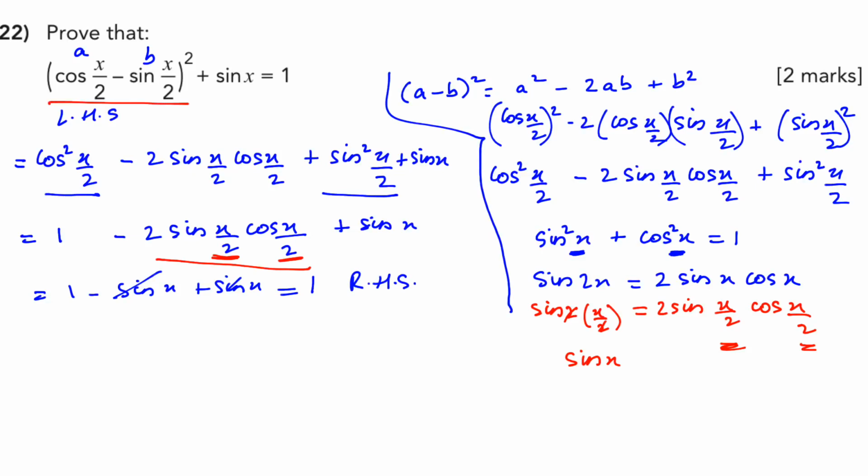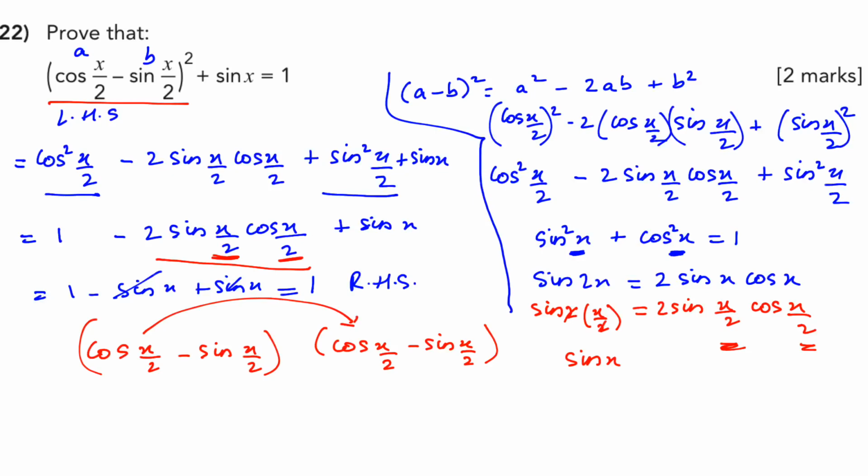I will show you how to expand this. So we write the bracket 2 times. And again. So cos multiplied by cos will give me cos square x over 2. Then this multiplied by sin x over 2 will give me negative sin x over 2 and cos x over 2.